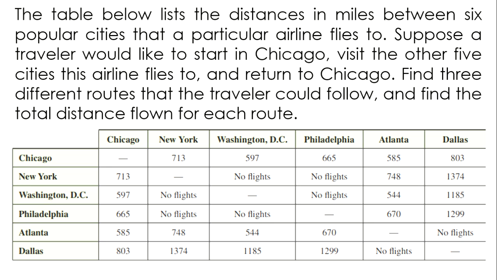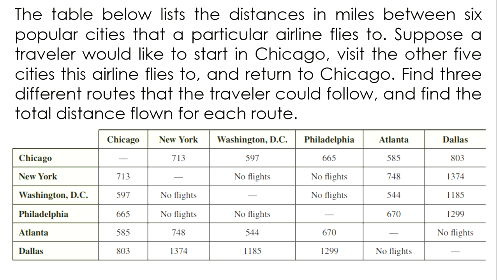As you notice here, we have this table and we can have its graph, but take note, each edge has a weight, a value. For instance, from Chicago to New York, that's 713. Chicago to Washington DC, that's 597. To Philadelphia, 665. To Atlanta, that is 585, and to Dallas, that's 803.